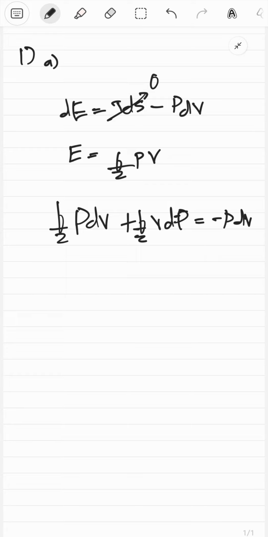So you combine these terms and essentially get dV upon V times F plus 2, plus F times dP upon P, that's equal to 0.